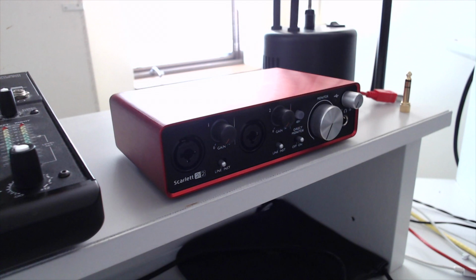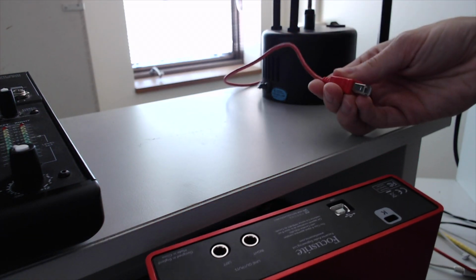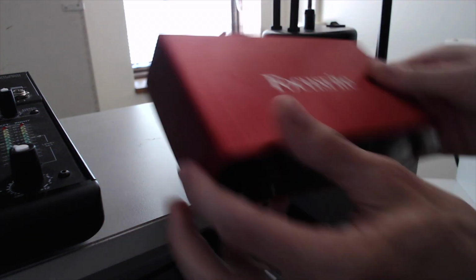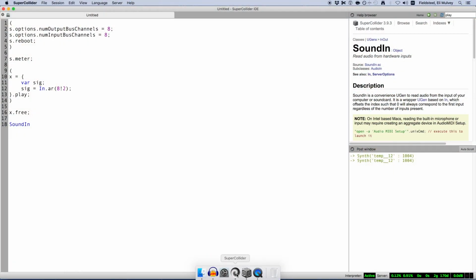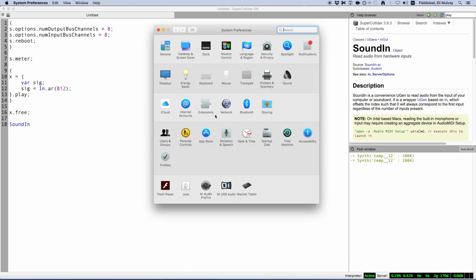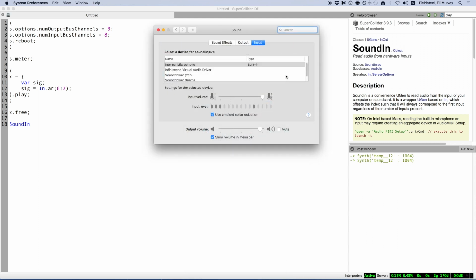Keep in mind there are lots of audio interfaces out there, and they're all different, so you might need to read the manual in order to get familiar with how yours works. So I'm going to connect the 2i2 to my computer via USB, and also confirm that it shows up as an available device in my system preferences. And there it is.